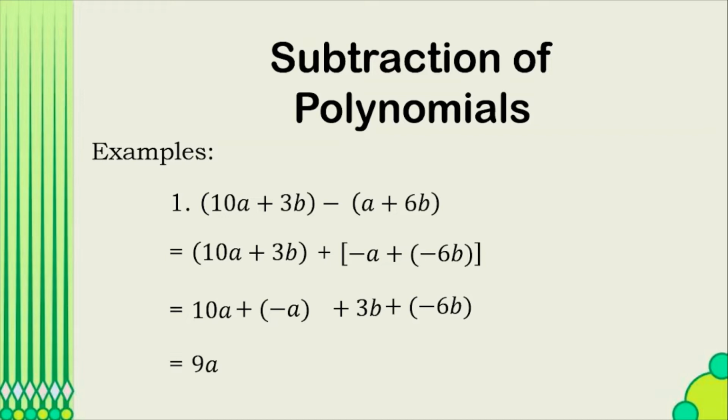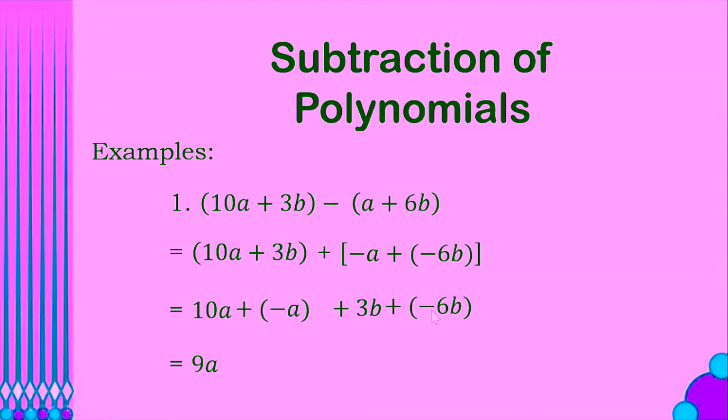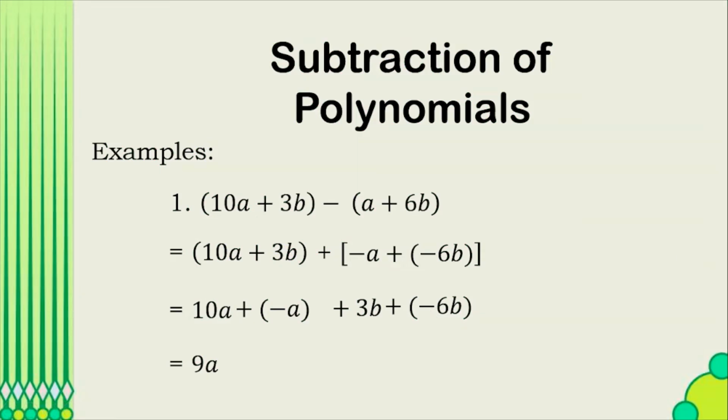Now, what is the sign of the number with a greater absolute value? It is negative. That's why our answer is negative 3b, which is the literal coefficient. So, we will be having minus 3b. Final answer is 9a minus 3b.